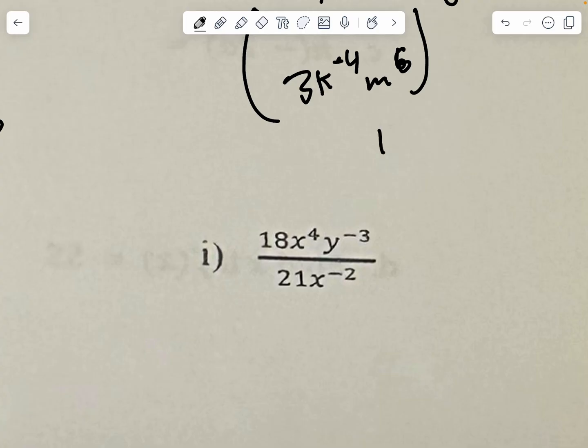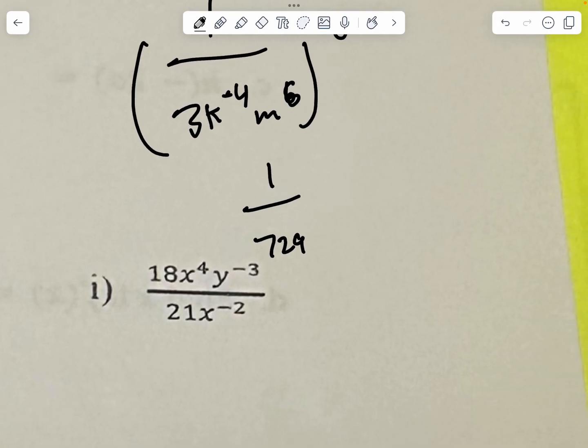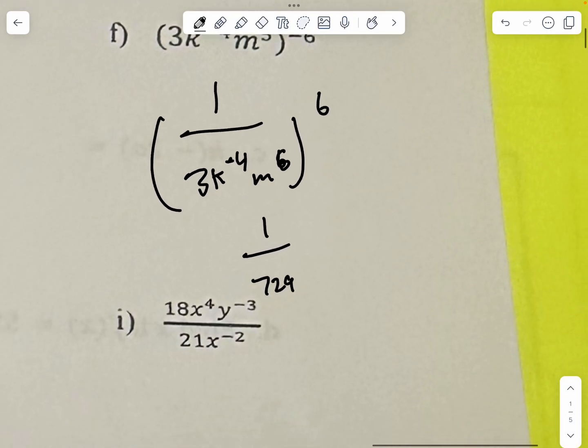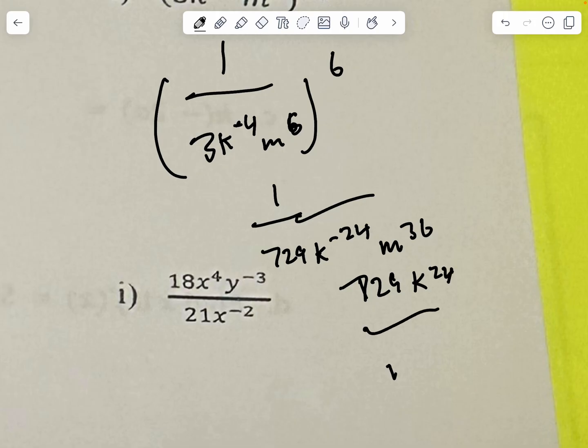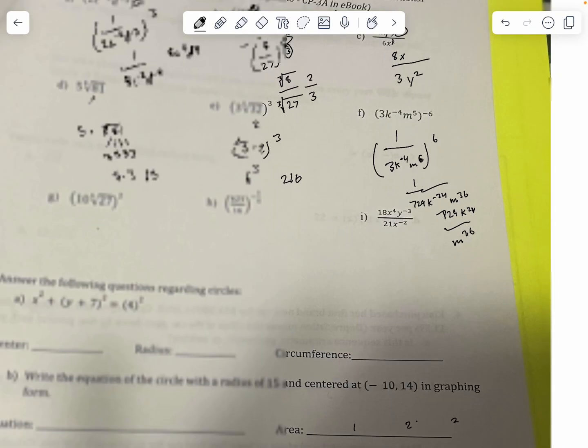It's going to be 1 over 729 times 729k times negative 4. Negative 4 times 6, negative 24, over 6 times 6, which is 36. Simplify it to 1 over 729, k to the negative 24 over 36.